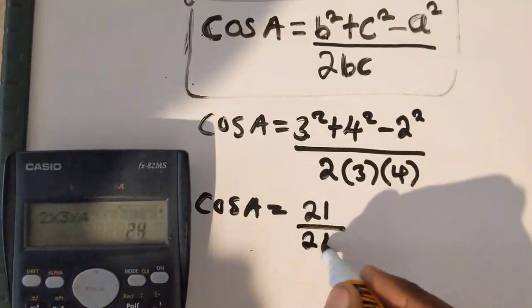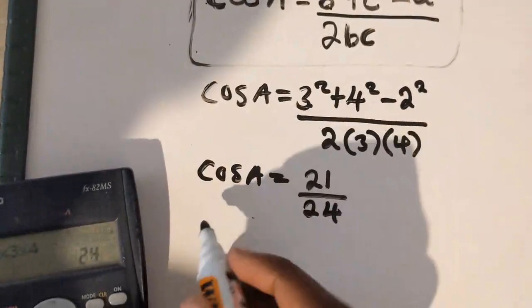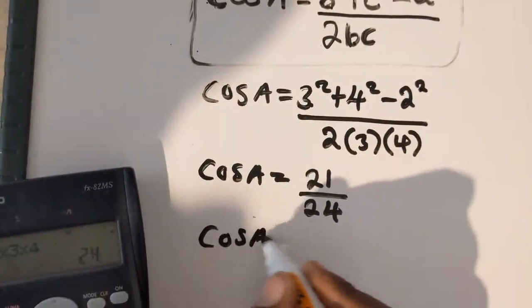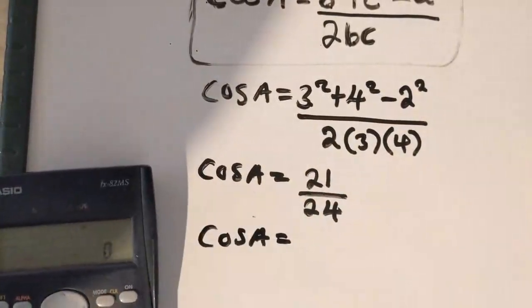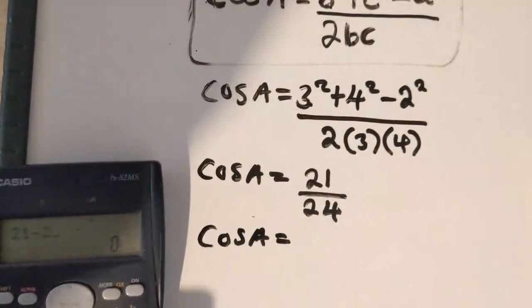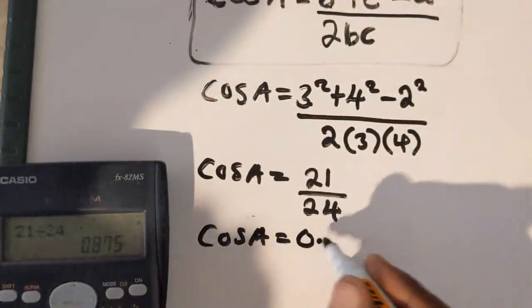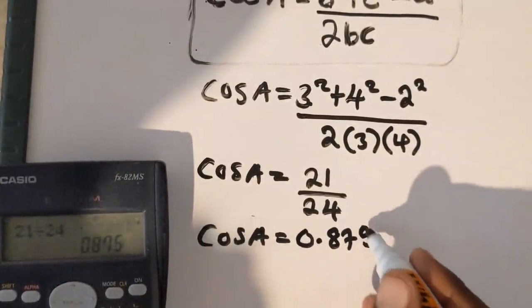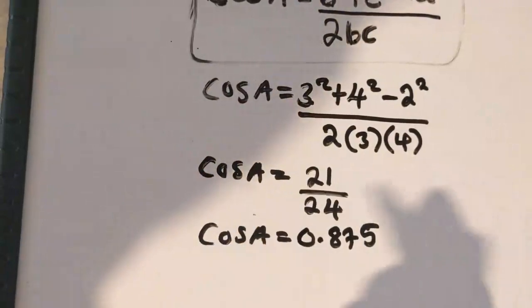Cos A is 21 divided by 24, which is 0.875.